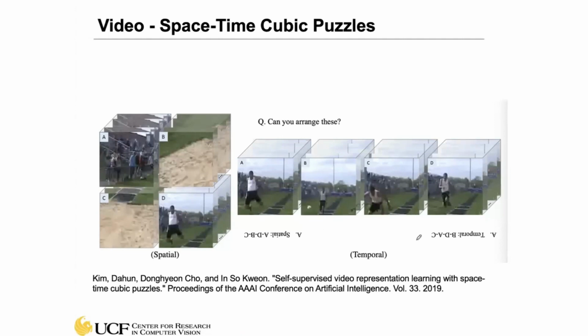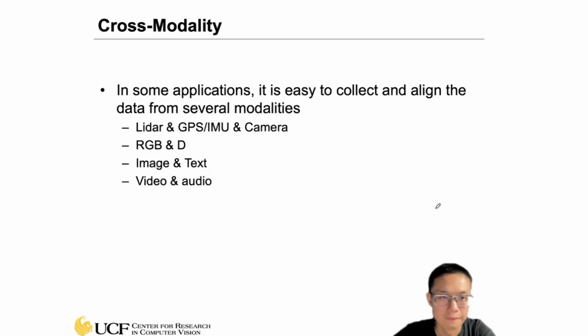Again, you can predict the right permutation, or the right arrangement, of these small cubes to form the original entire video. So that's some of the supervision signal we can leverage from video.